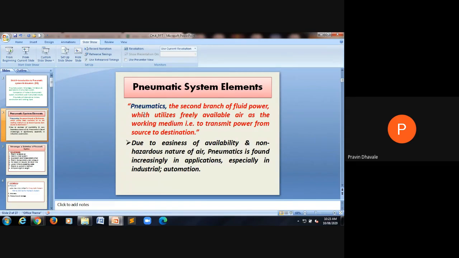Due to easy availability of air and its non-hazardous nature, the pneumatic system is used widely, especially in industrial applications as well as in automation.